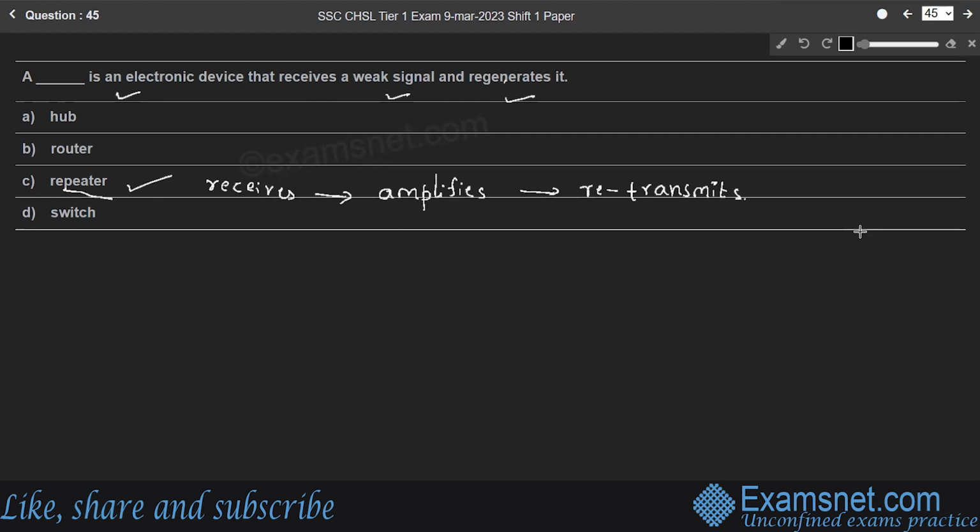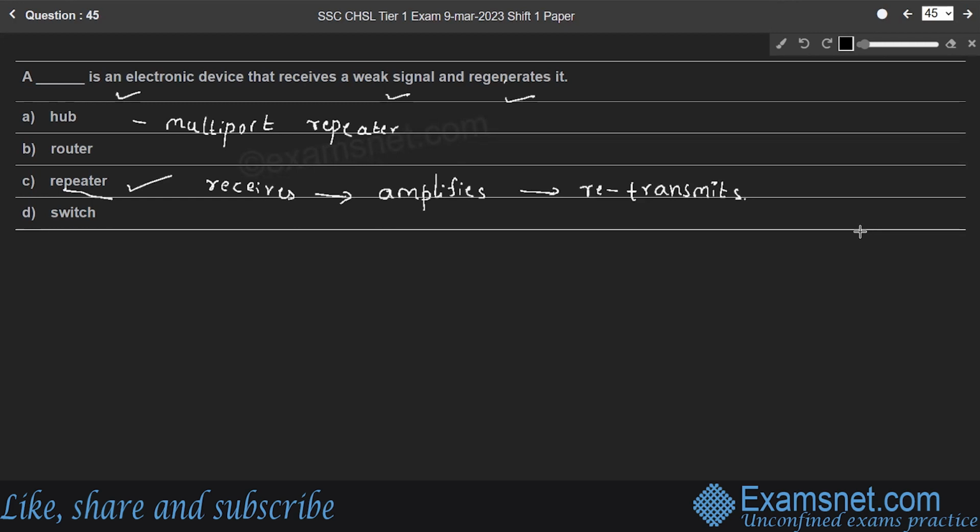Whereas option A, hub, it's basically a multi-port repeater. It connects multiple wires coming from different branches. Another option is switch. Switch is a multi-port bridge, right?